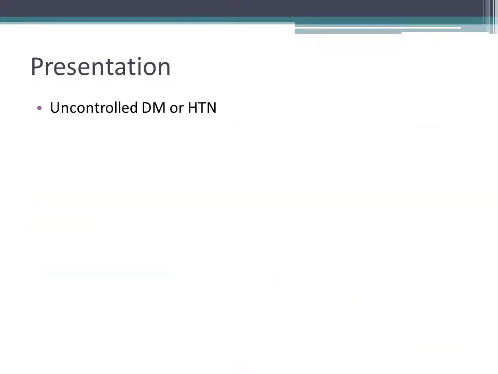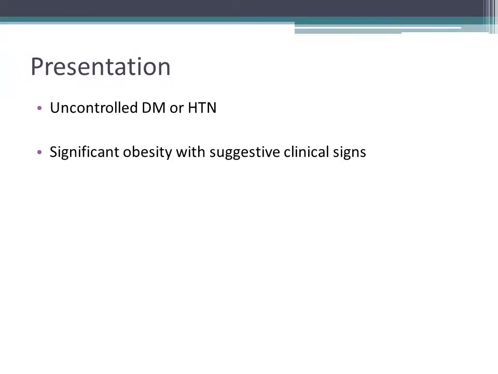Okay, so presentation. How do these people come to you, basically? Maybe those are patients who had diabetes or hypertension for some time, and all of a sudden they become uncontrolled. That's one of the signs that would alert a physician to look for secondary causes of uncontrolled hypertension or diabetes mellitus.